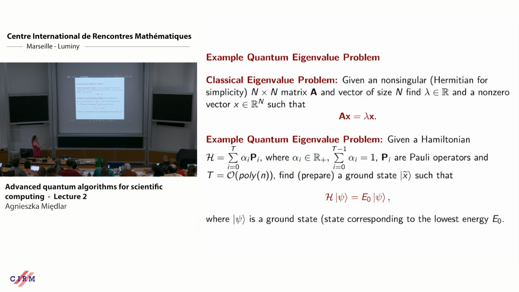We assume normalization, so all the alphas here will be positive and sum to 1, and the sign of the Pauli will be in the P_i component, and we will try to approximate a ground state, the state corresponding to the ground state energy, so the smallest eigenvalue of the Hamiltonian. You have seen this problem several times already, but I want to demonstrate the technique, so I need an example that everyone is familiar with.